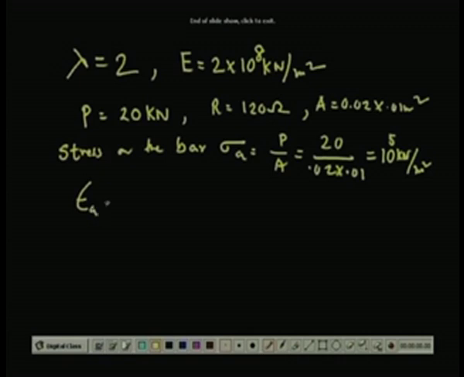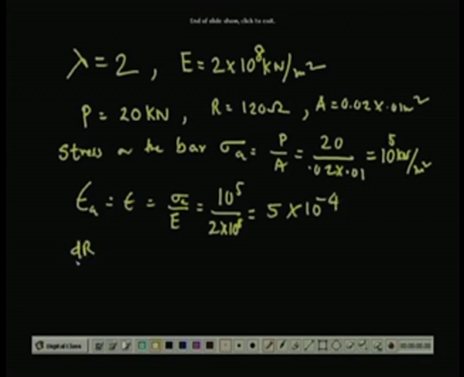So, epsilon A equals sigma A by E, where E is the Young's modulus, 10 to the power 5 by 2 into 10 to the power 8. So, it will be 5 into 10 to the power minus 4.